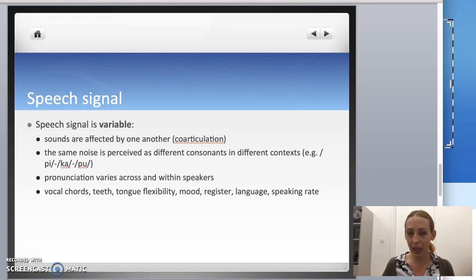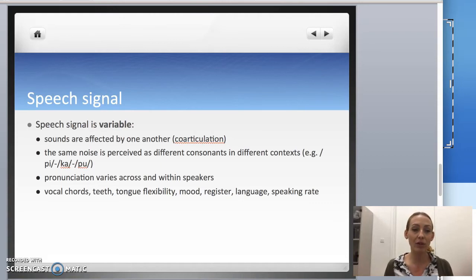And in fact, when people started looking into how we perceive sounds, speech perception, what we found was that if you put the same noise before different vowels, like E, A, and O, even though the noise is the same, it's computer generated, it's artificial, it's always the same, people hear it as a different speech sound.